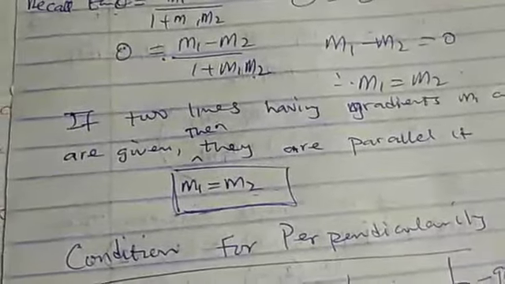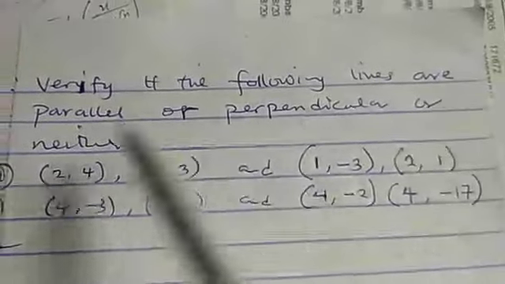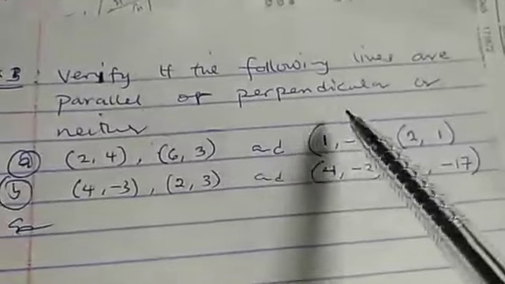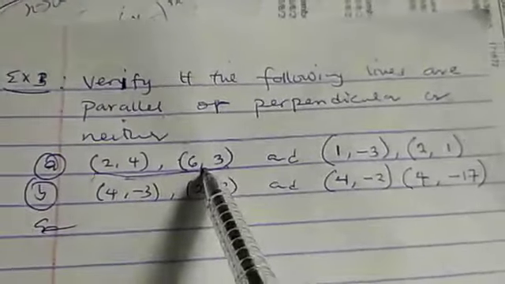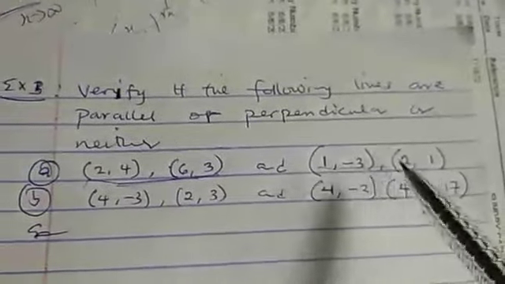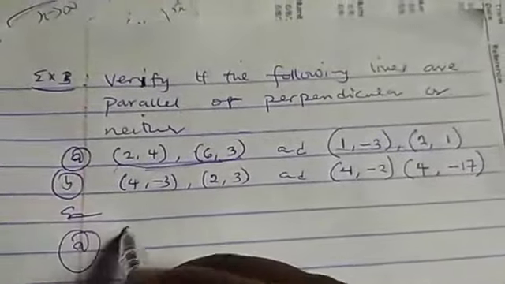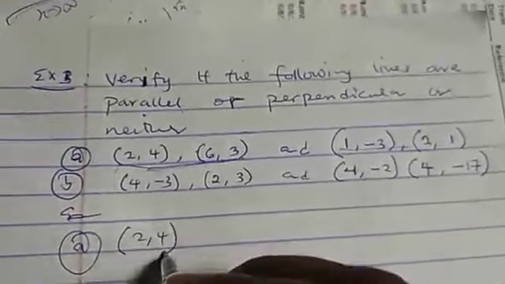Now let's take an example on this. Verify if the following lines are parallel, perpendicular, or neither. We have one line here. These 2 points will determine a straight line, and another 2 points will determine another straight line. When we're talking about parallel or perpendicular lines, we are talking about gradient. So we are still dealing with application of gradient here.